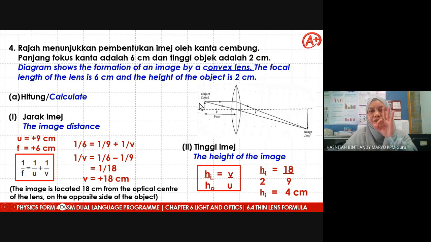So we have three pieces of information: HO is 2 centimeter, U is 9 centimeter, and V is 18 centimeter. So we replace: HO is 2, V is 18, U is 9. So it will give you a height of image of 4 centimeter. Is it correct? 18 divided by 9 and then multiplied by 2, so it is 4 centimeter.